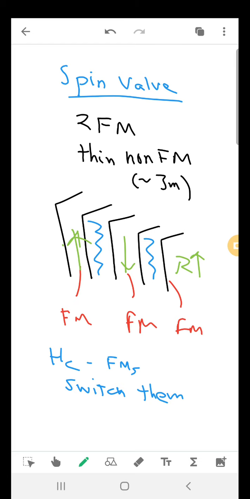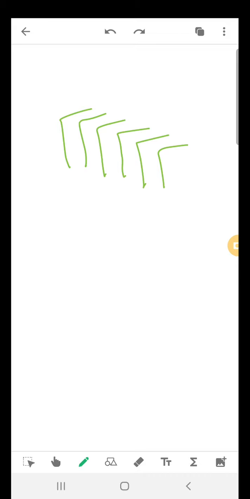Now, looking at a different aspect, drawing the spin valve once again, if the magnetizations are in opposite directions, say it is in this direction in this case and in this direction in the other, then the flow of electrons becomes difficult.